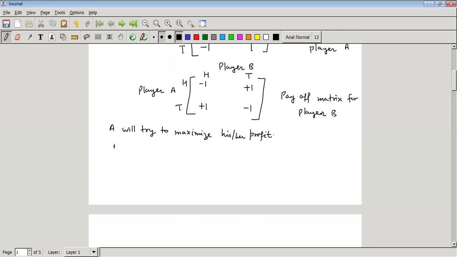And B, because B also wants to win, so B also tries to minimize his or her loss.